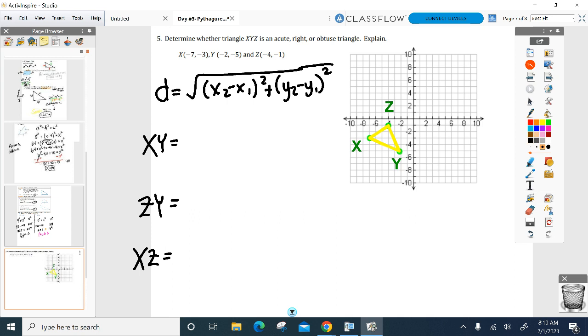You do not have to leave it in simplest radical form. Just leave whatever the number is underneath the radical, leave it like that. All right, so just do your side only. And take a peek around, make sure you guys agree before you let me know what it is.